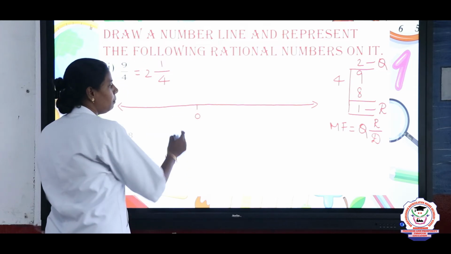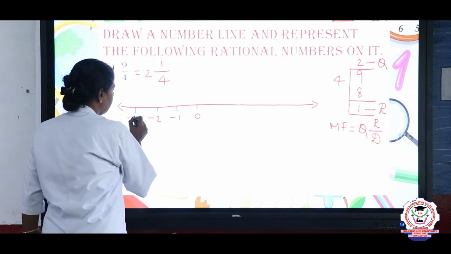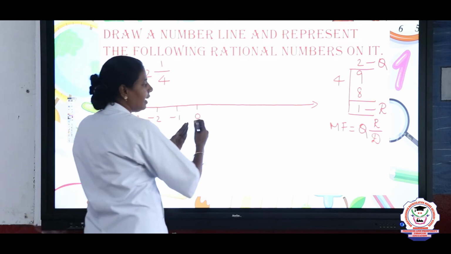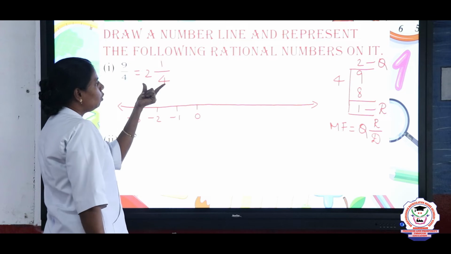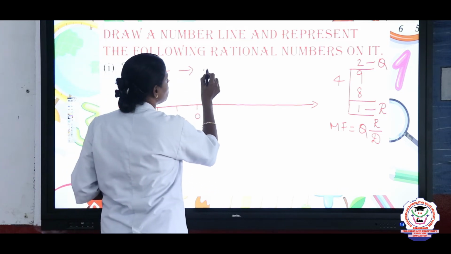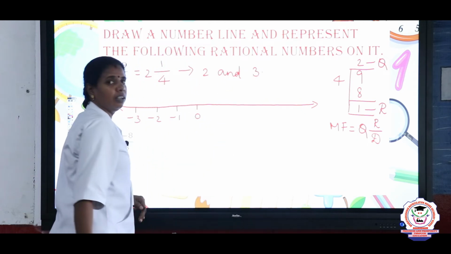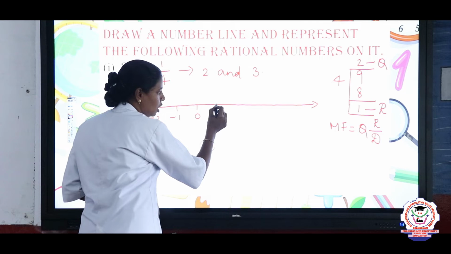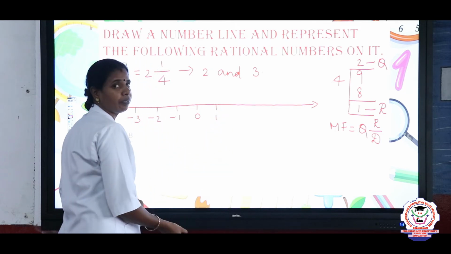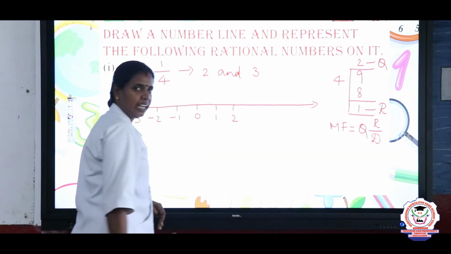On the left side of 0 it will be negative: minus 1, minus 2, minus 3. And on the right side of 0, 2 1 by 4 will lie between 2 and 3. So next to 0 it is 1, next 2, and we want to mark 3 now.